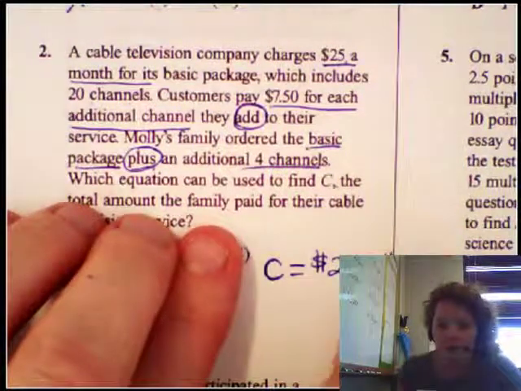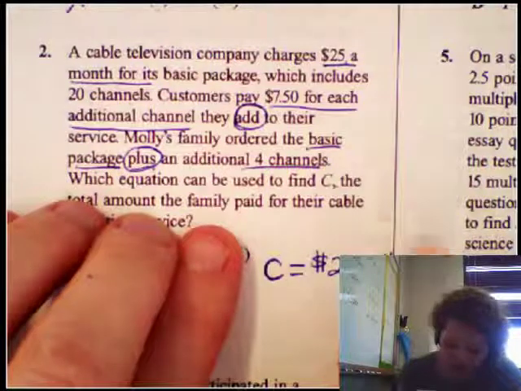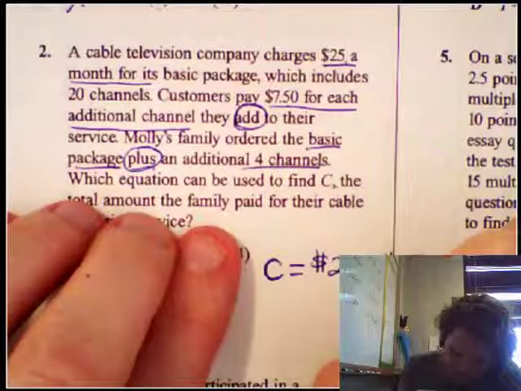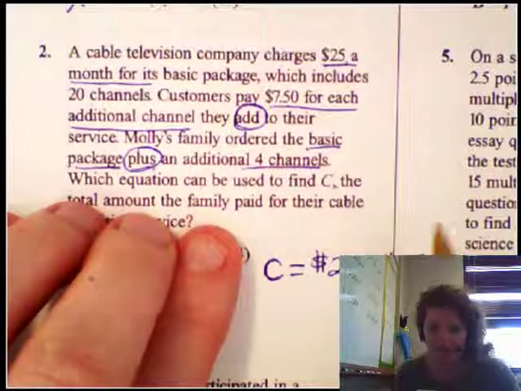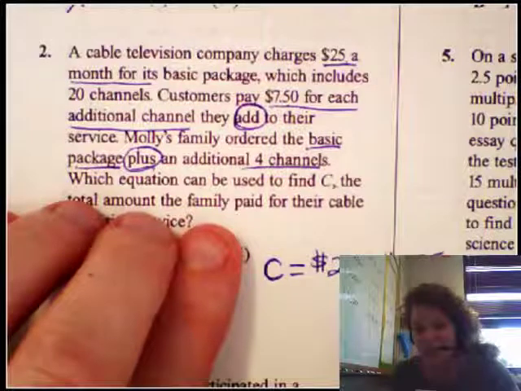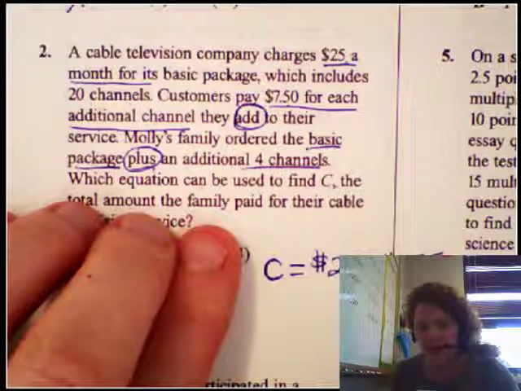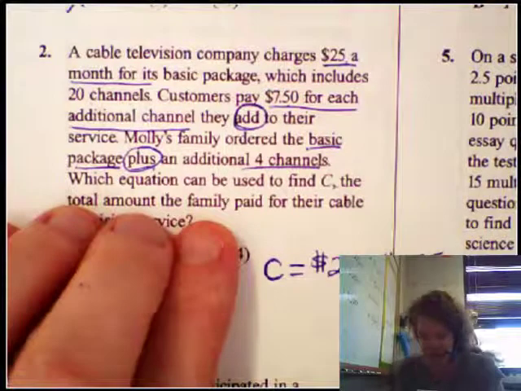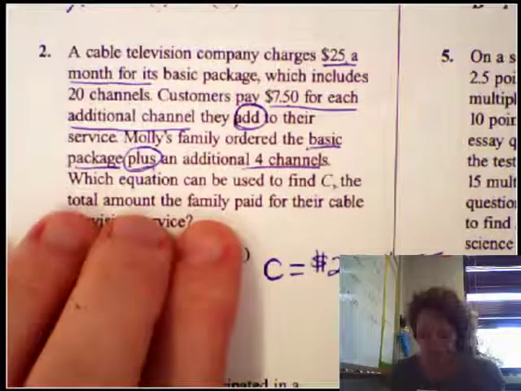No, 4 channels, and each channel cost $7.50. So we're going to have to do 4 times 7.5. 25 was our initial cost, but we had to add on to that 4 times 7.5, 4 extra channels that cost $7.50 each. All right, we're done. Let's see if there's an equation that matches ours.